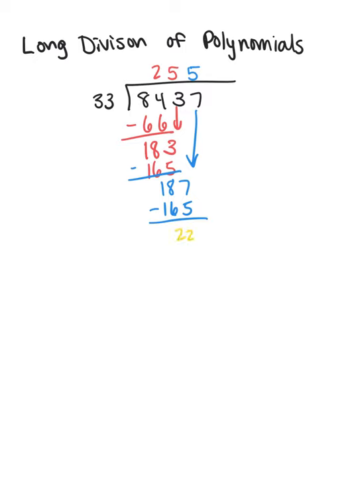There's nothing else to bring down, which means that's my remainder, right? And if we remember correctly, because I have a remainder, it means that 33 did not go into this number evenly. That means 33 and 255 are not factors of the bigger number. And this is the concept we're going to use when it comes to long division.